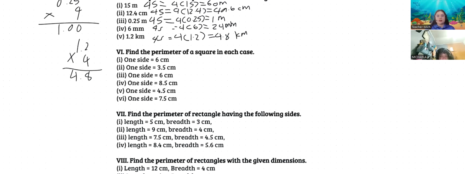Test 6. Find the perimeter of a square in each case. So the given here, anak, is just one side of the square. Again, what is the formula that we need to use in order for us to solve for the perimeter of a square?